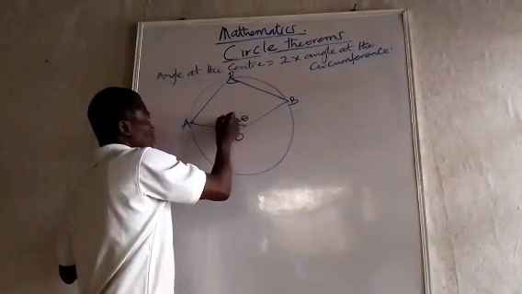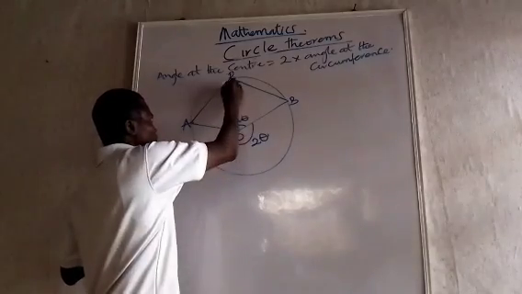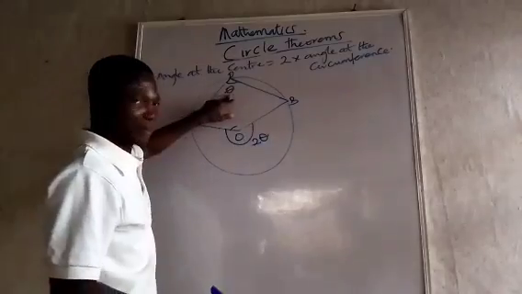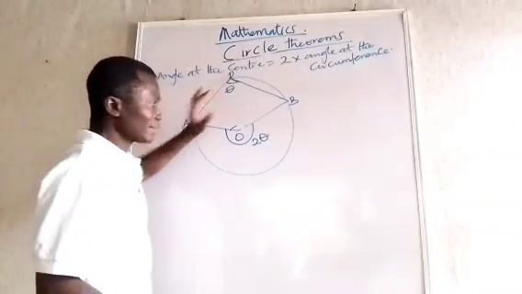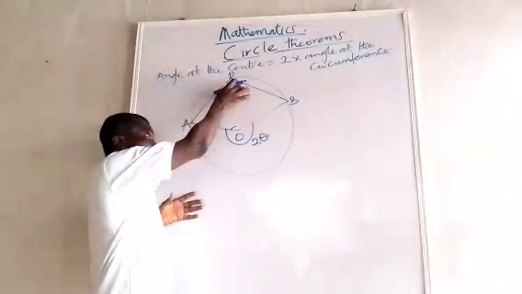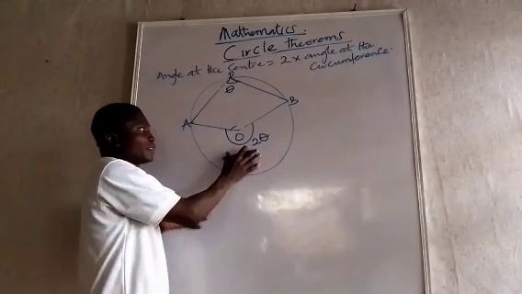It will be here that will be equal to this. So you understand? It will be this one beneath that will be equal to twice the angle at the circumference. I want you to take note of that so that you don't make that mistake. Anytime you are doing this work, look at this one here. The one that will be down here will be the double of it.